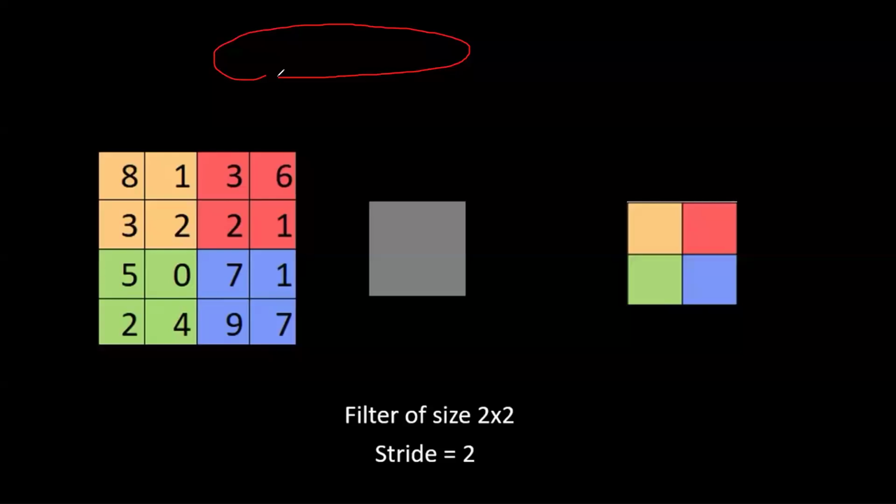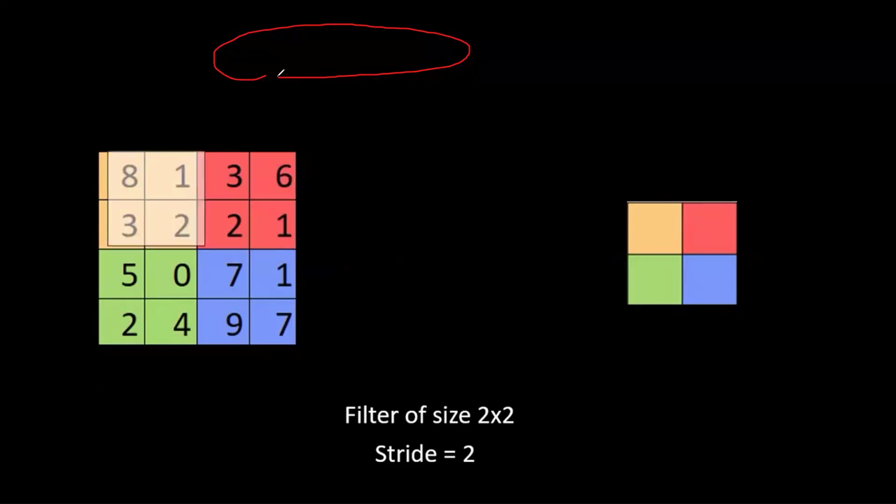And for performing the max pooling operation, we will place our filter at the top left corner. Then we will extract the maximum value of this window, and for this window, it is 8. So we will place 8 at this position. Then we will slide our filter or window by the stride amount, which was 2 in our case. So we have moved 2 pixels to the right, and we will again extract the maximum value, which is 6 in this case.